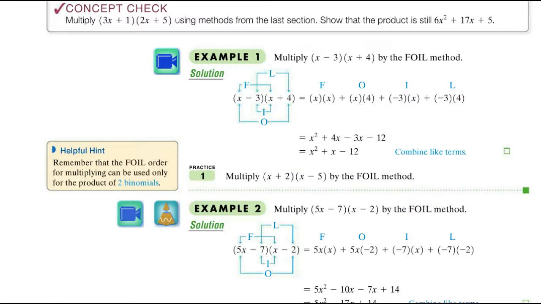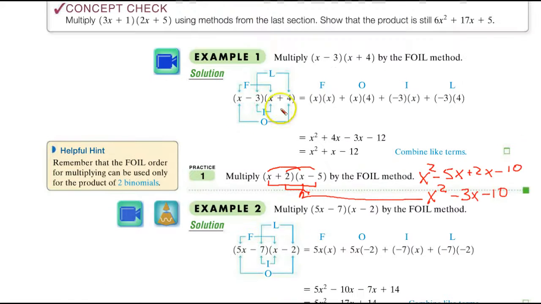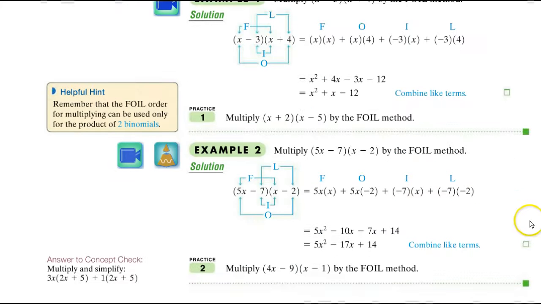All right, they are showing you a model for example 2. Let's do the practice. Let's see, did we get it up high enough there? Okay, I think we're okay now. This times this will be 4x squared.